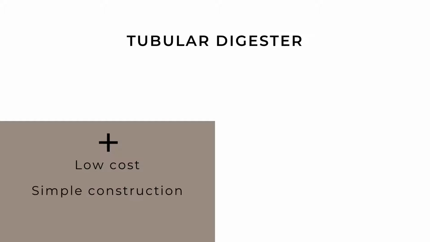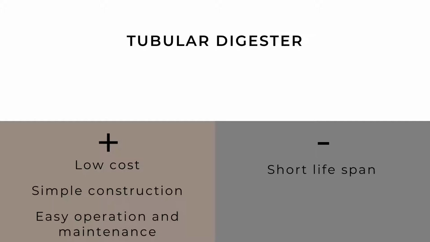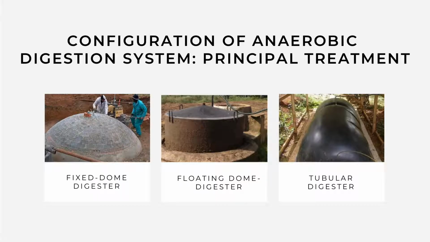The advantages of the balloon digester are the low cost, simple construction, and easy operation and maintenance. However, they have a relatively short lifespan and high susceptibility to damage. The decision on the type of reactor is based on local context, technical parameters, and the experience of the operators.